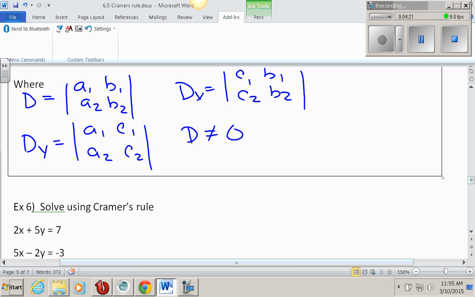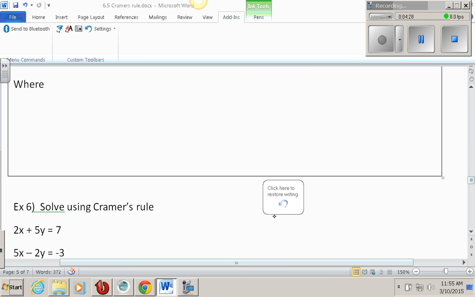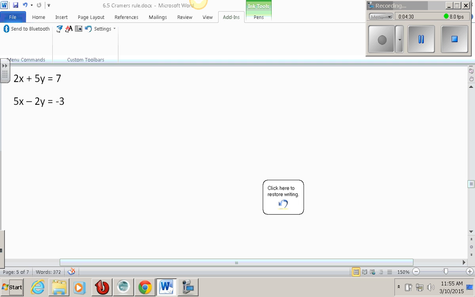Okay, so let's actually try this with an example. So we've got a system here, 2x plus 5y equals 7, and 5x minus 2y equals negative 3. So the first thing I need to do is set up the x and the y piece.